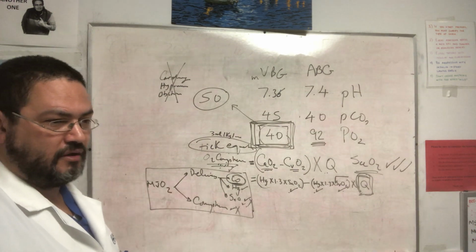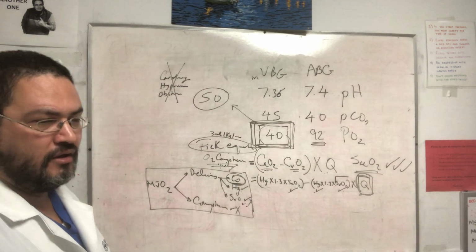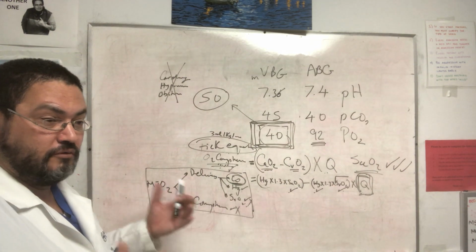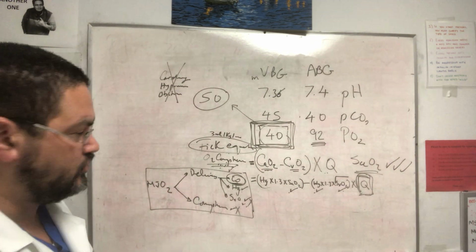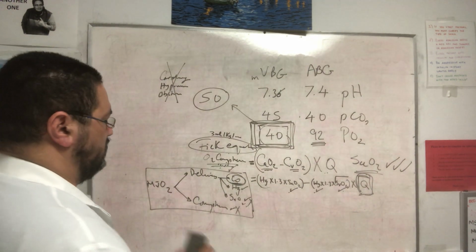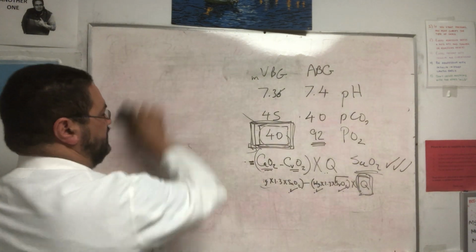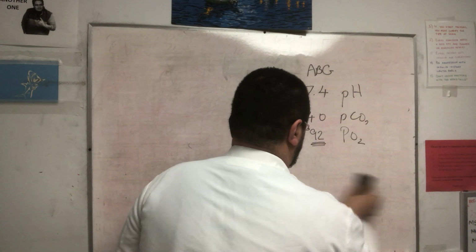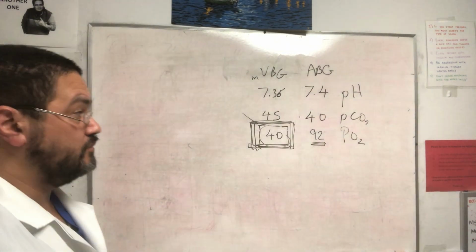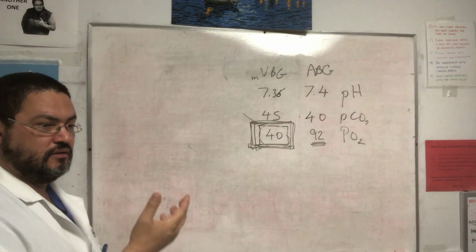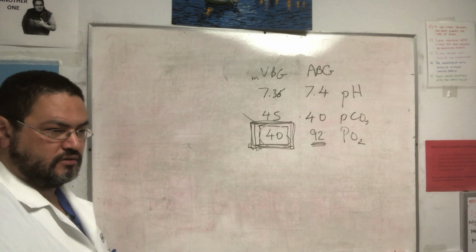So now everything is muddled. If it's low, it can be anything, right? But if it's high, anyway, see how much information we can get just from a VBG? All right, so this is maybe 3 or 4 things that we said. We talked about the VBG and ABG, and why we do VBGs in this ICU.